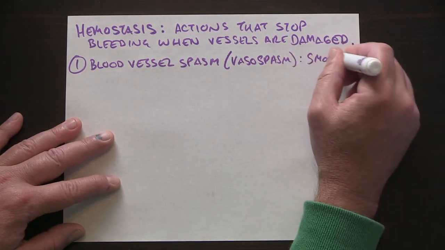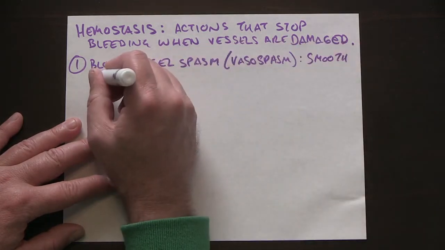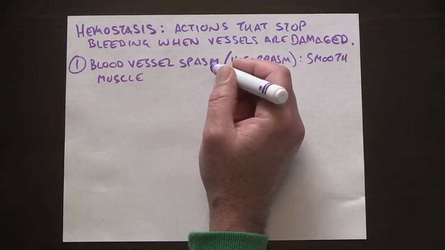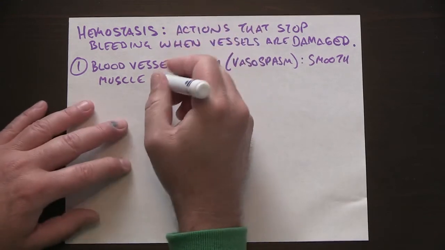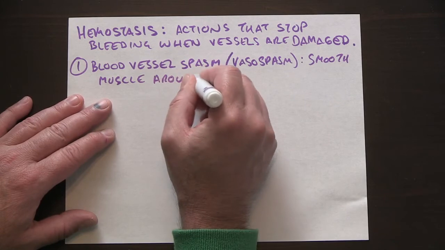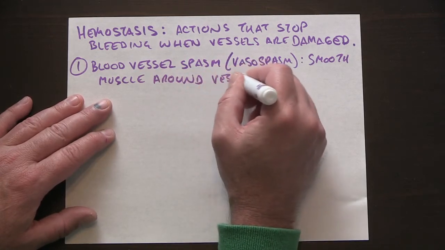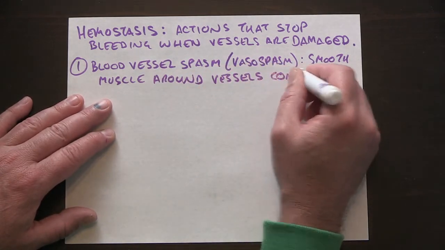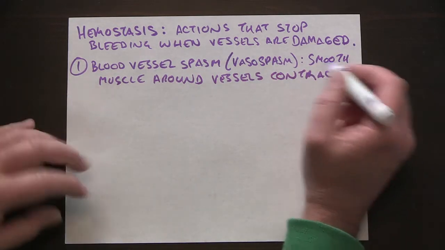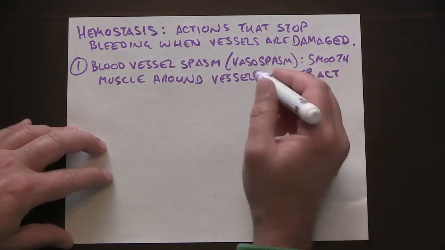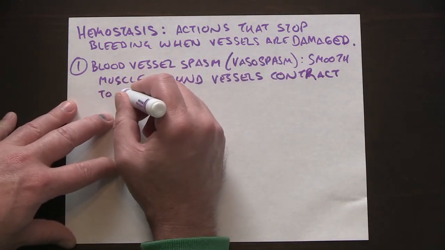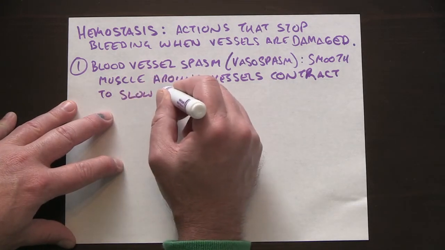And this is when the smooth muscle around the blood vessels contracts to kind of shut off the bleeding, to let's say slow the blood loss.